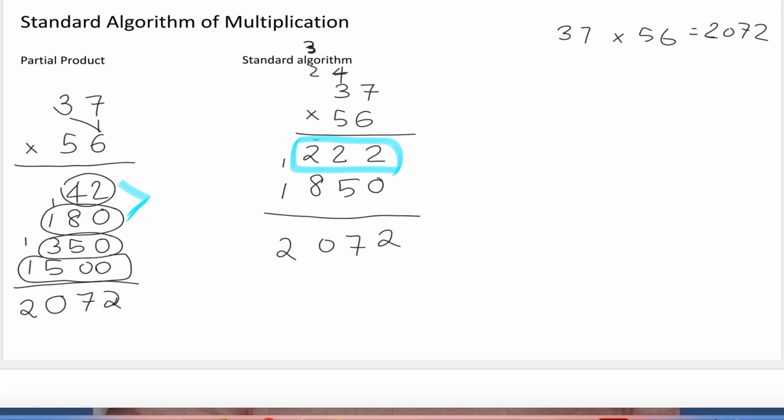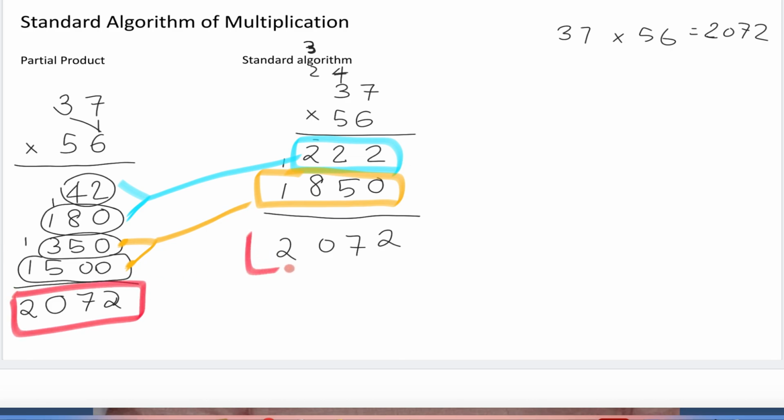And then we multiplied 50 by 37 and we got 1850. Same here. When we multiplied 50 by 7, we got 350. And when we multiplied 50 by 30, we got 1500. So when we multiplied 37 by 5, that's exactly same as this number, right? So when you add them together, the answer should be the same, 2072.